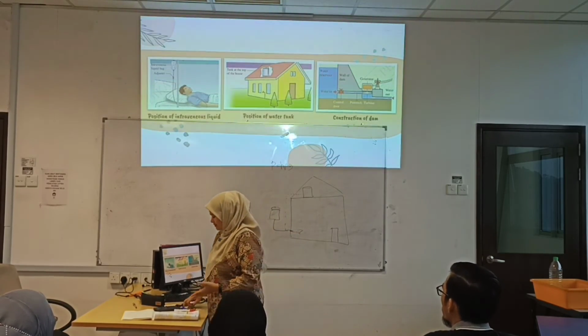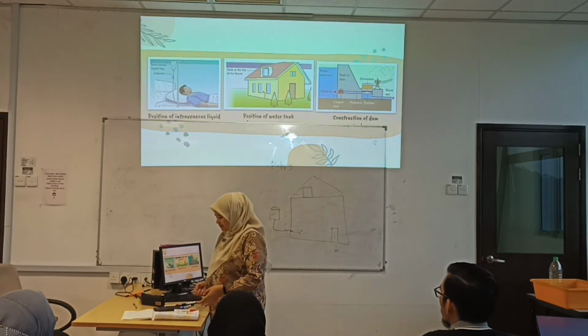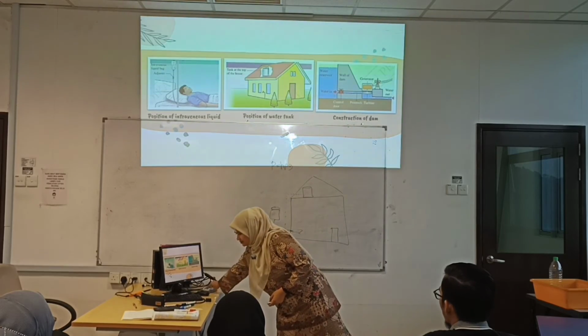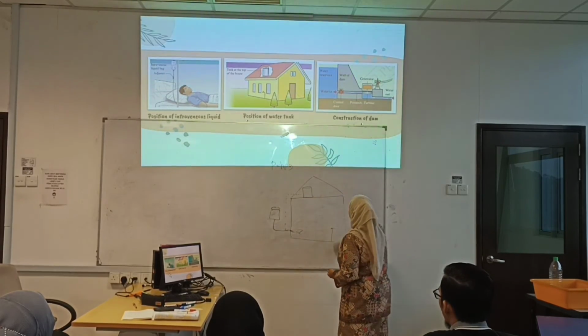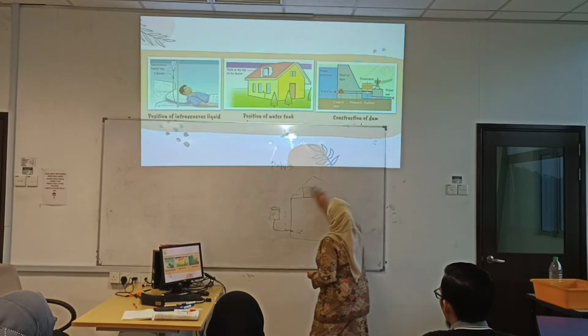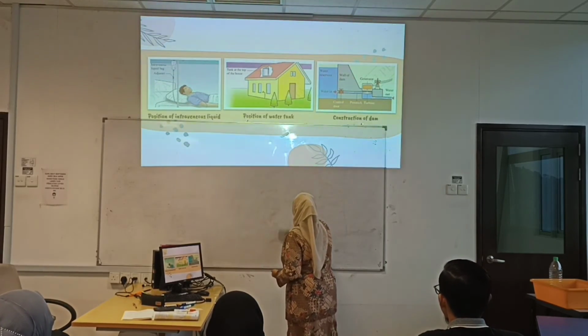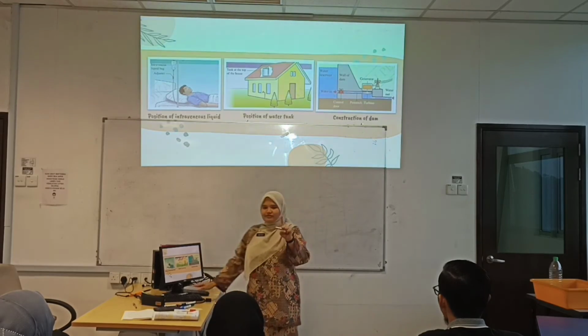Okay. And then the last application, as I've mentioned before, the construction of the dam. There are two things to be considered here. As you can see in the picture, what is the first thing?